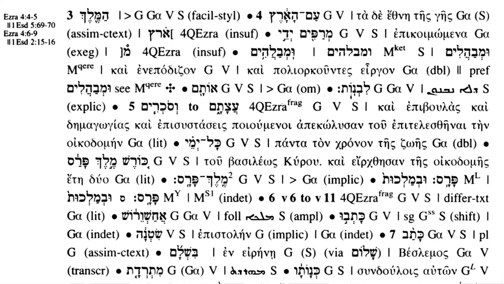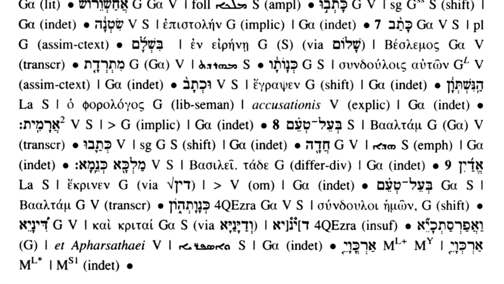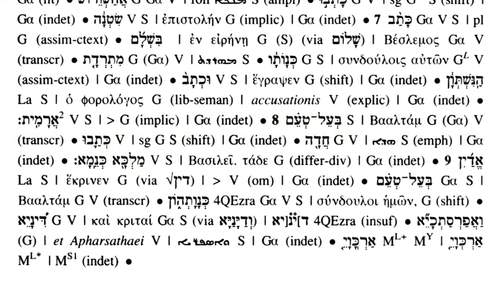Let's go down now to verse 8. And we immediately notice, in fact, that there are more notes, but also that the meta-language here has switched from Latin to English. So English abbreviations that we can look up then in the BHQ to know exactly what the editors are trying to tell us.